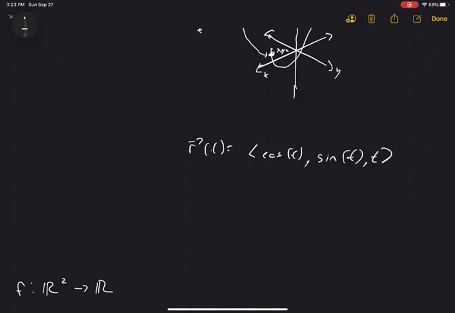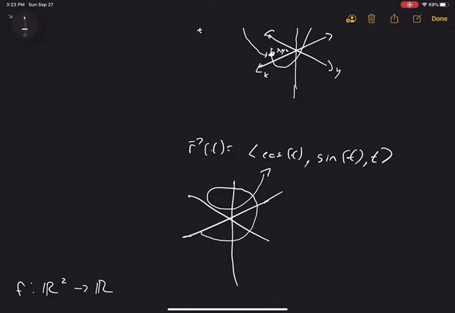You went into three-dimensional space and drew this thing. It was this spiral that went along our z-axis and spiraled up. You might have thought, oh yeah, I'm graphing this thing.